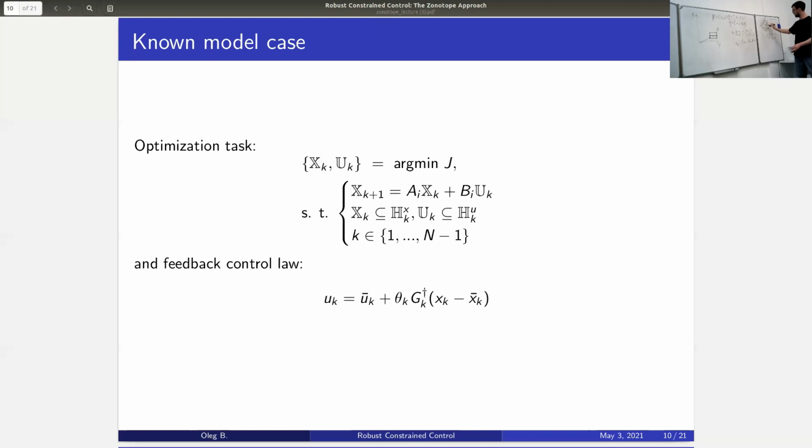And we can find u that makes something like this. And it's the idea of our optimization task. Because it's not feedback, it's just feedforward.